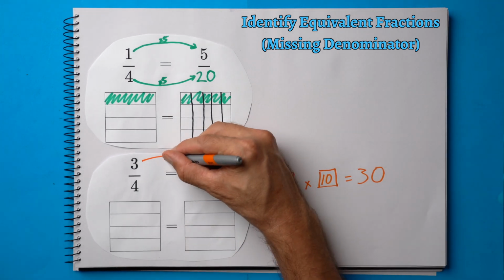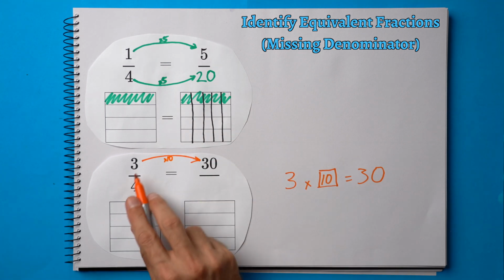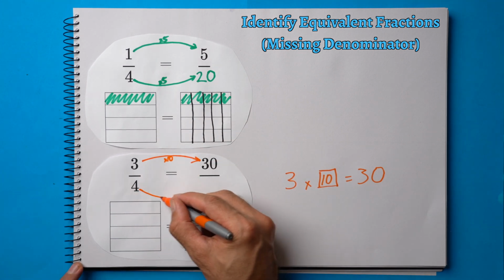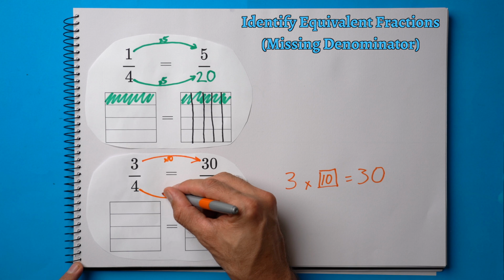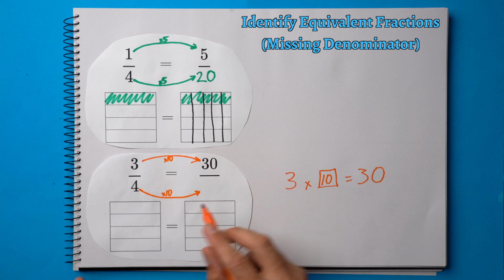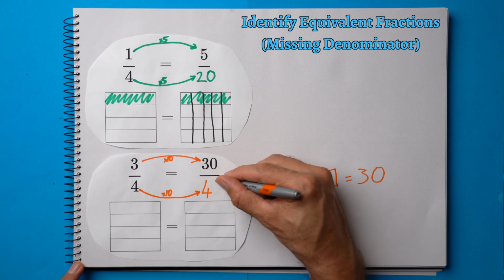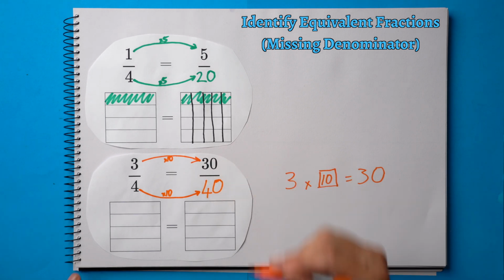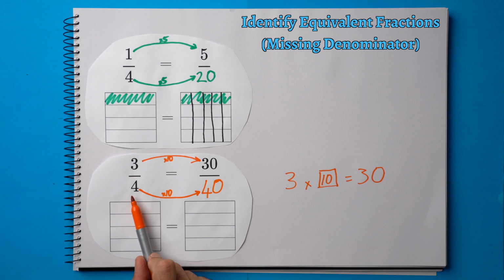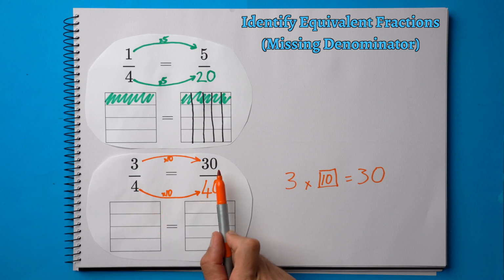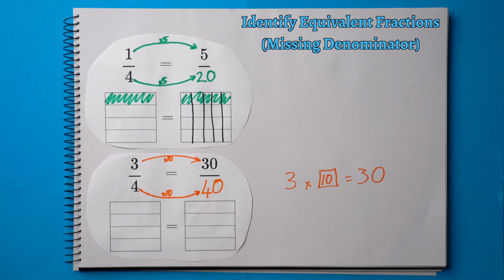So we know that was times by 10. So if we've done that on the top, we have to do the same thing on the bottom, times 10. And 4 times 10 is, of course, going to be 40. So according to our calculations, 3/4 is the same as 30/40ths.